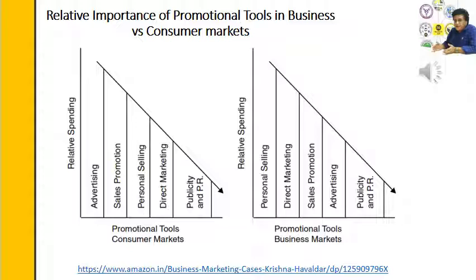But see, personal selling is kind of non-existent. I can't say non-existent, but it is not very high. It is in the middle in the consumer markets. We are talking of the relative importance of the promotional tools, whereas in the business market, personal selling is placed at the top position, at a premium.